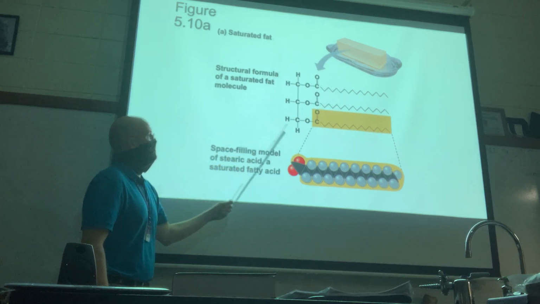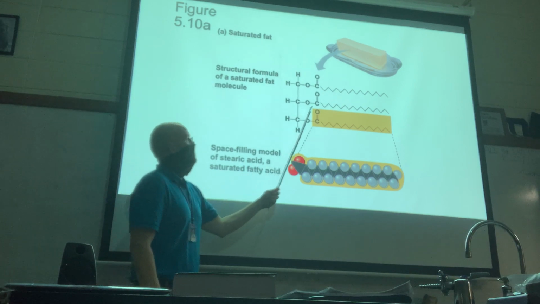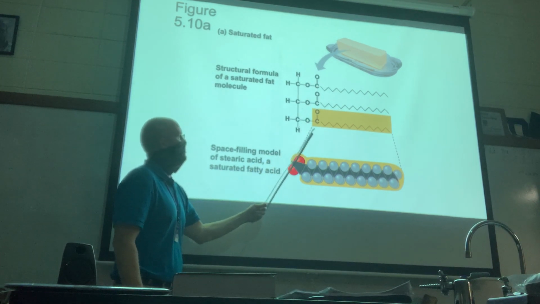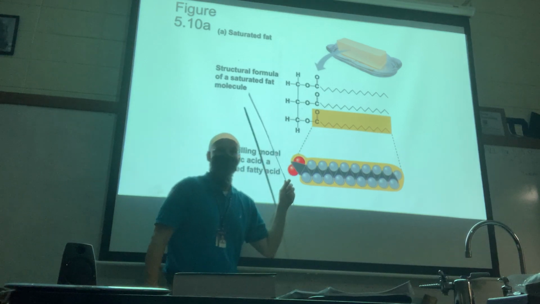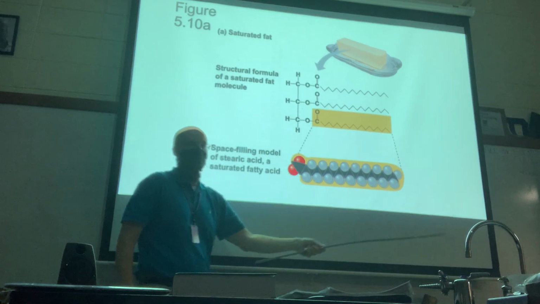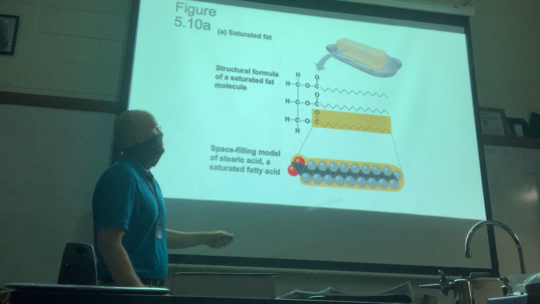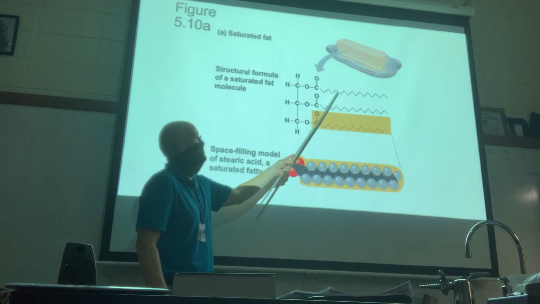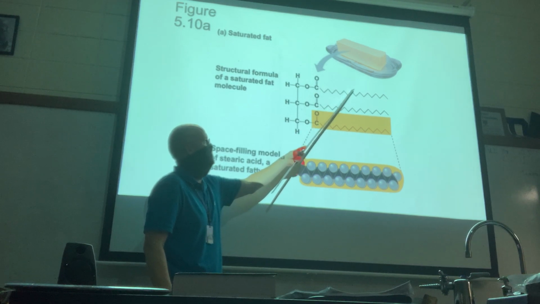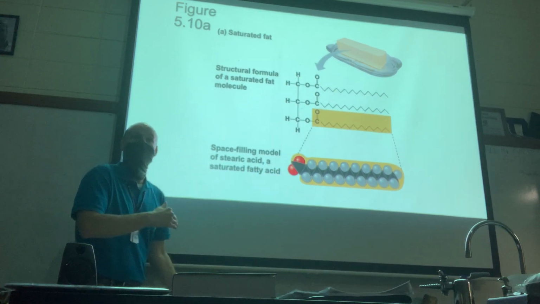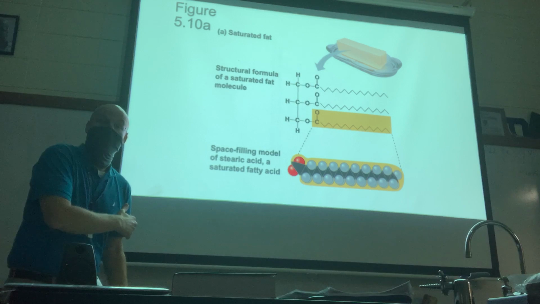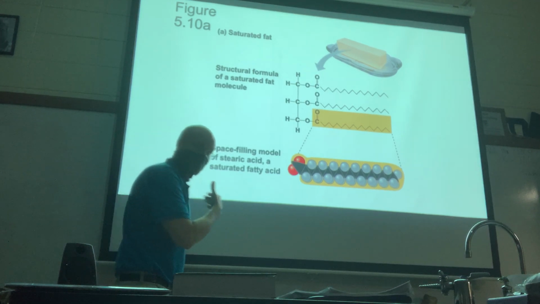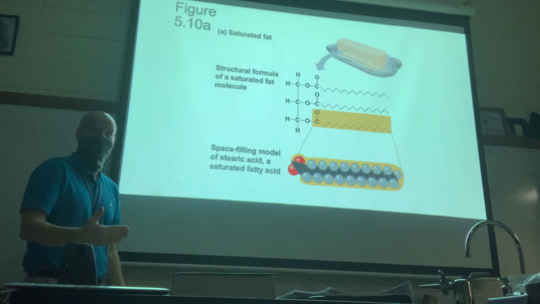The glycerol molecule, and then this little carbonyl group here, and then instead of drawing out the long chains, they just make these zigzags, which literally means single bond, single bond, single bond, and it could go on for dozens, hundreds of carbon atoms.